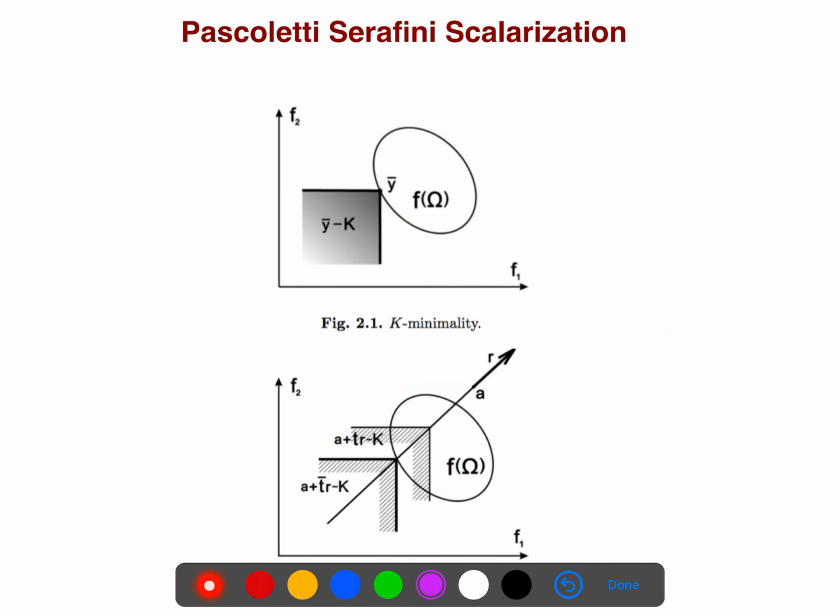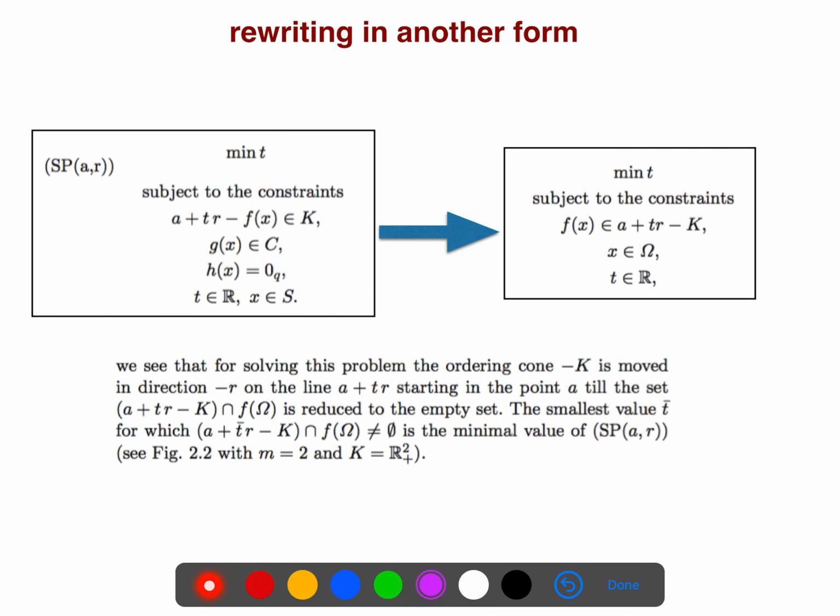So we are trying to go in some directions, where A is your reference point and T is the amount that you go in this direction. And we can rewrite this problem, I mean SP, in another form as well. So both of them are equivalent. This one is equivalent to this one.